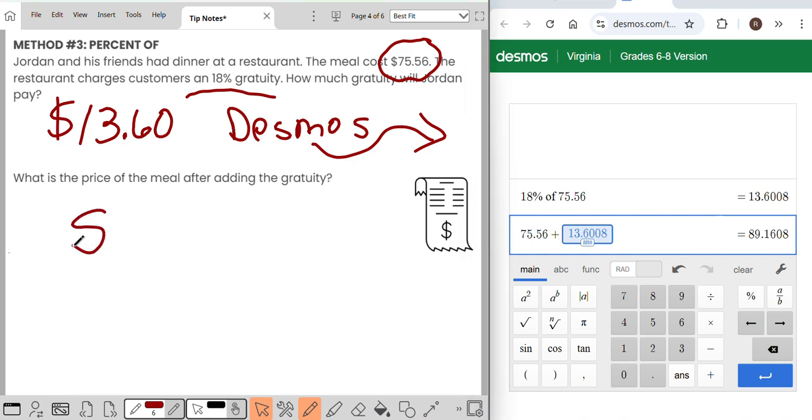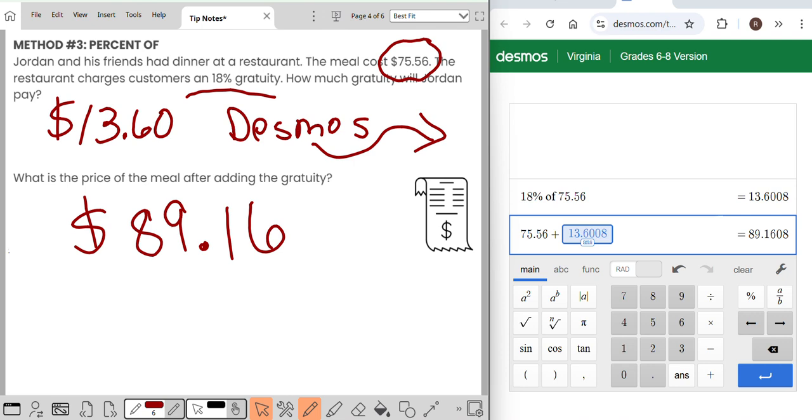So that means my total cost, the cost of the meal plus the gratuity, would be $89.16. Again, I'm rounding to the nearest cent, which is the hundredths place, 2 decimal places. Okay, we're doing really well.